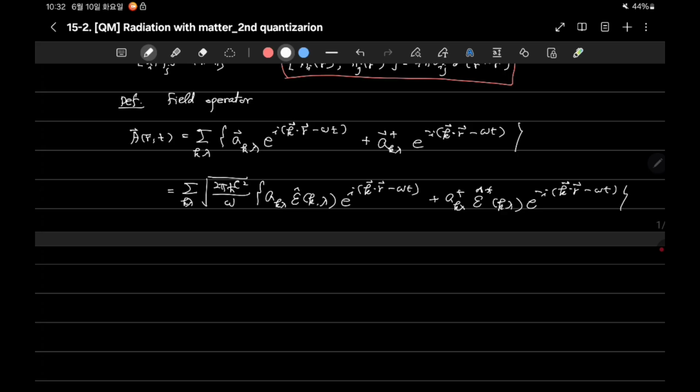That is another definition of the field operator.